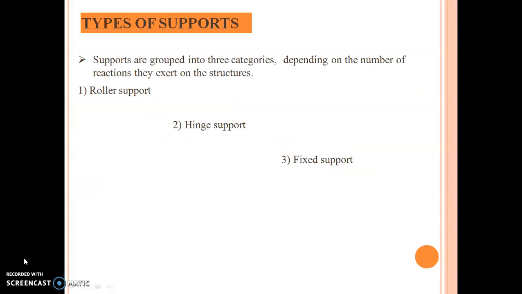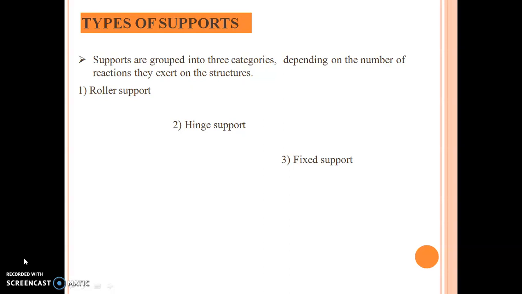Then what are the different types of supports? We will discuss in detail. Different types of supports may be classified according to the reactions. Supports are grouped into three categories depending on the number of reactions they exert on the structure. The first support is the roller support, which is classified according to the number of reactions: when we are using a roller support, there is only one reaction acting on the member.